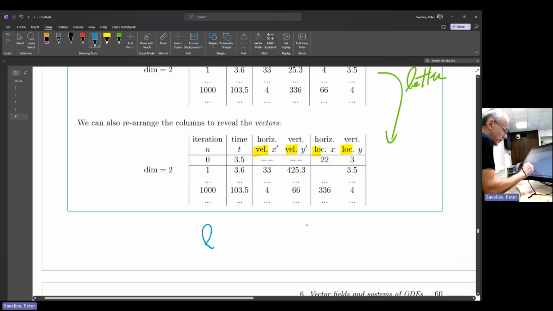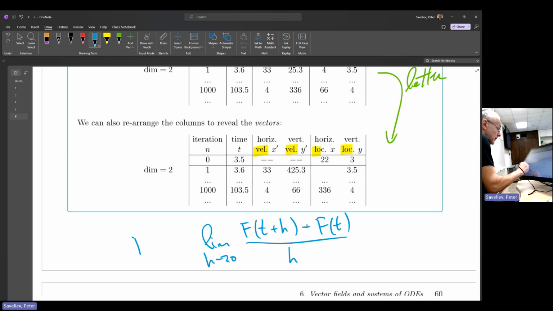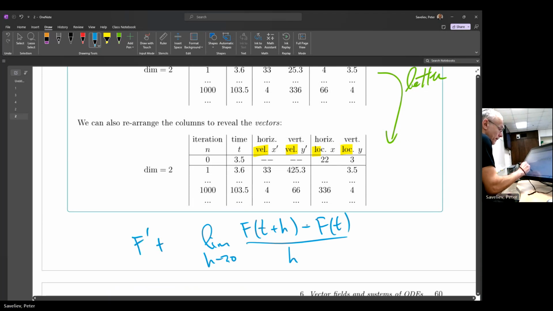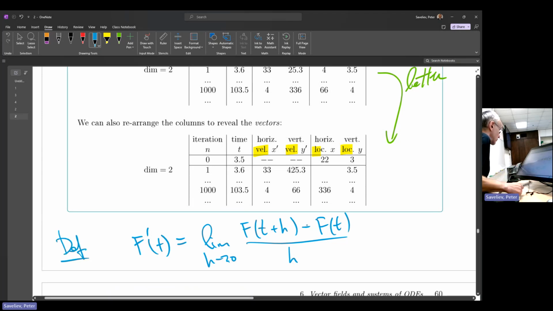Let me write it. The limit as h goes to 0 of F(t plus h) minus F(t), over h. The definition of the derivative from calculus 1 looks familiar, right?